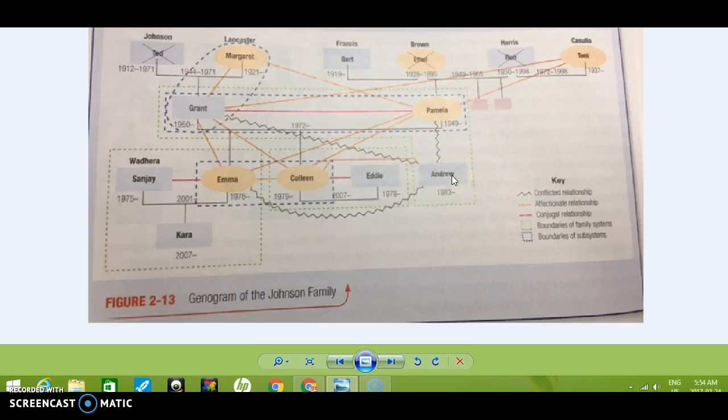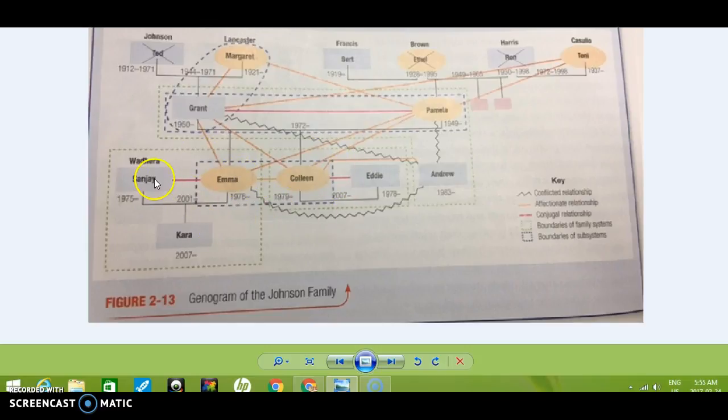Here we see with Andrew that there's a lot of conflict with his mom, with his stepdad, and with his stepsister. Colleen, who is Grant and Pamela's daughter, is in a conjugal relationship with Eddie. Here we see a subsystem of the two sisters.